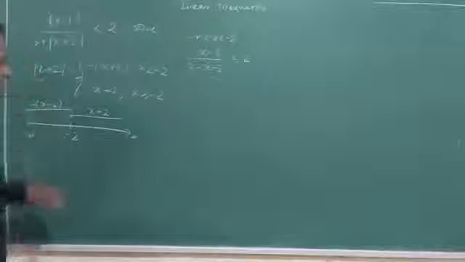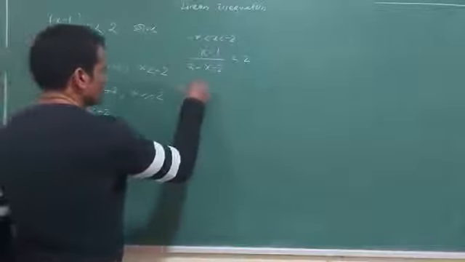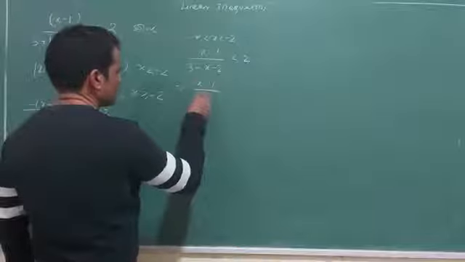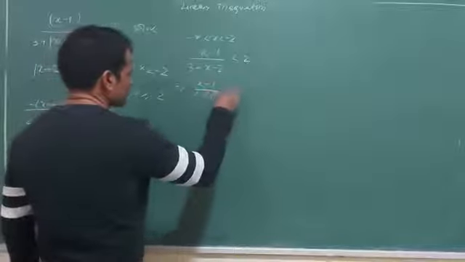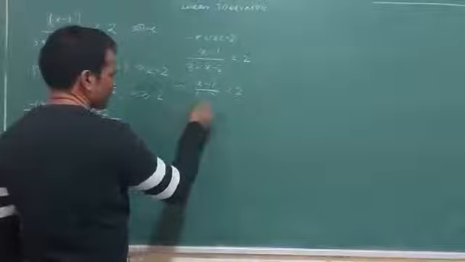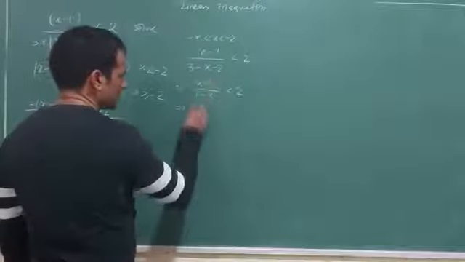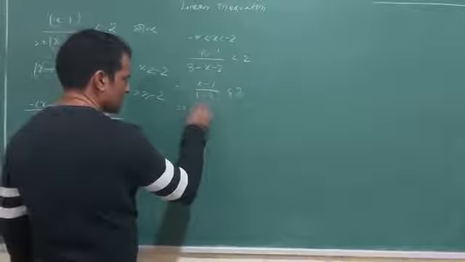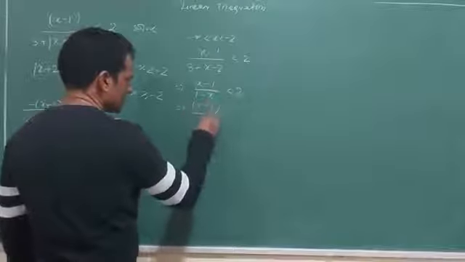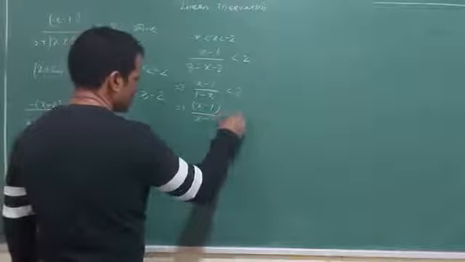This is replaced by minus sign. So let's solve it. x minus 1 by 3 minus 2, that becomes 1 minus x, less than 2. If I take minus common, it cancels out. So that is x minus 1 by x minus 1 less than 2.